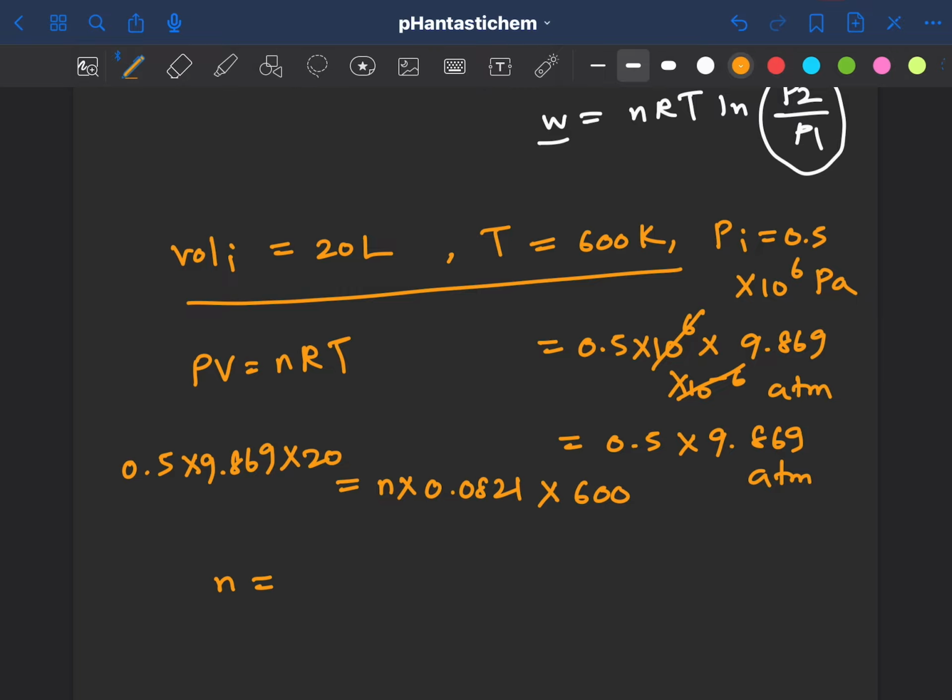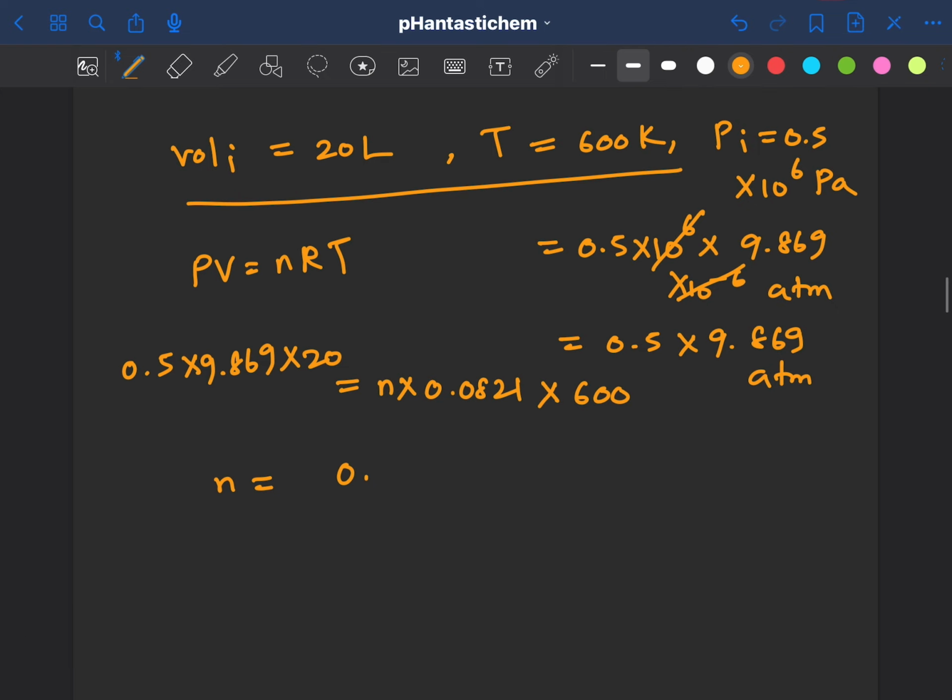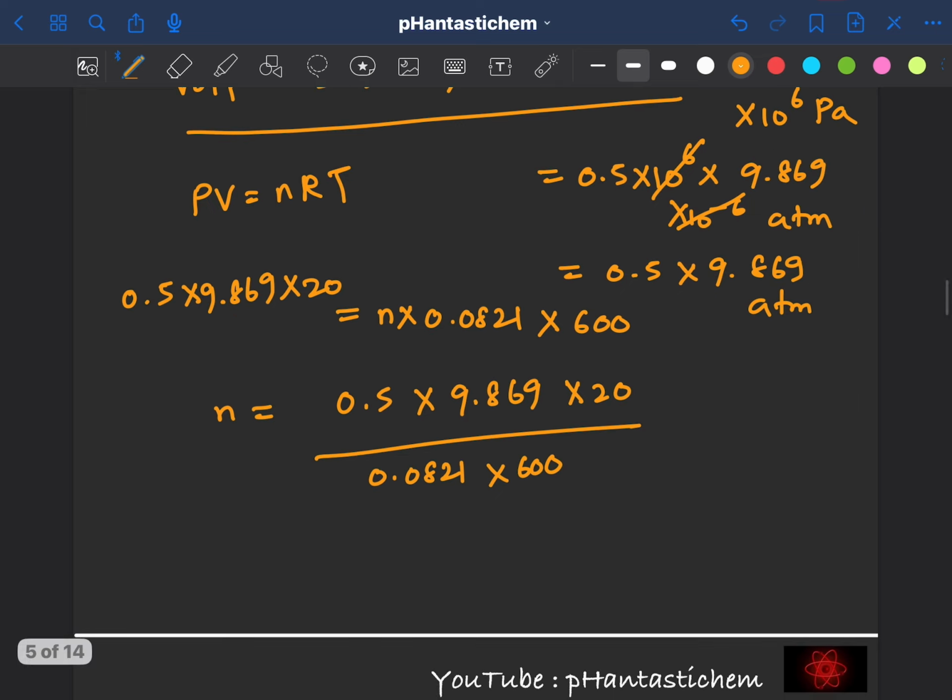So therefore the n value will be equal to 0.5 into 9.869 into 20 divided by 0.0821 into 600. When we do this calculation, we get n is 4.9345 divided by 2.463.